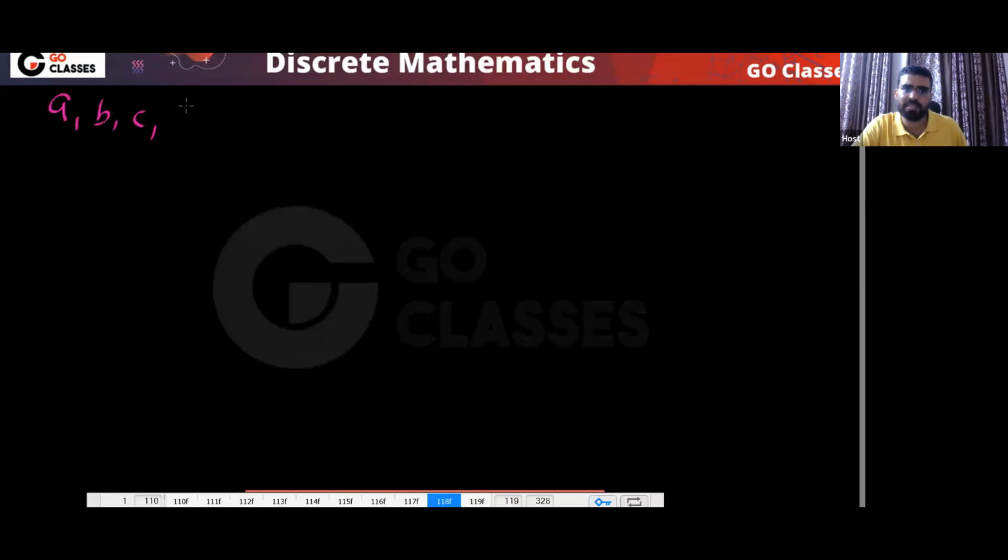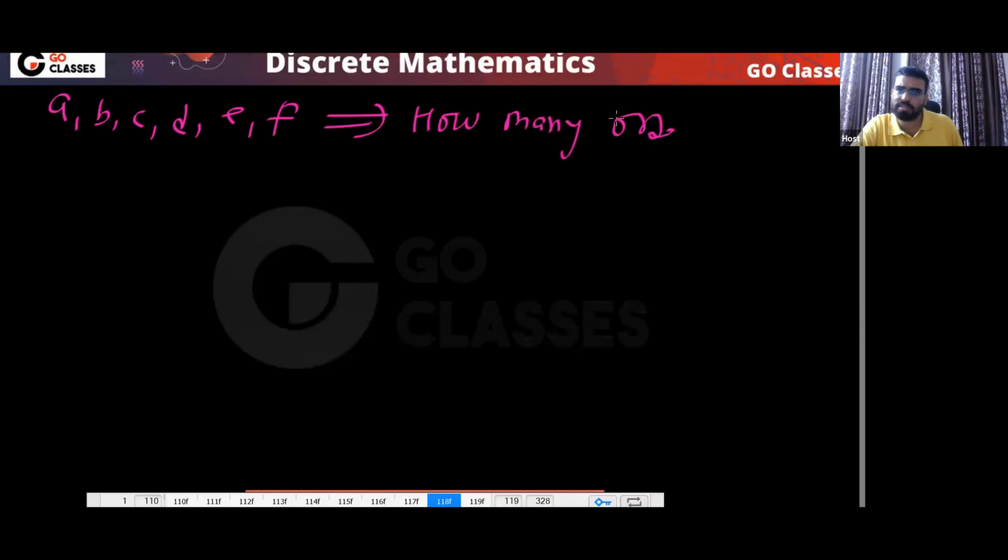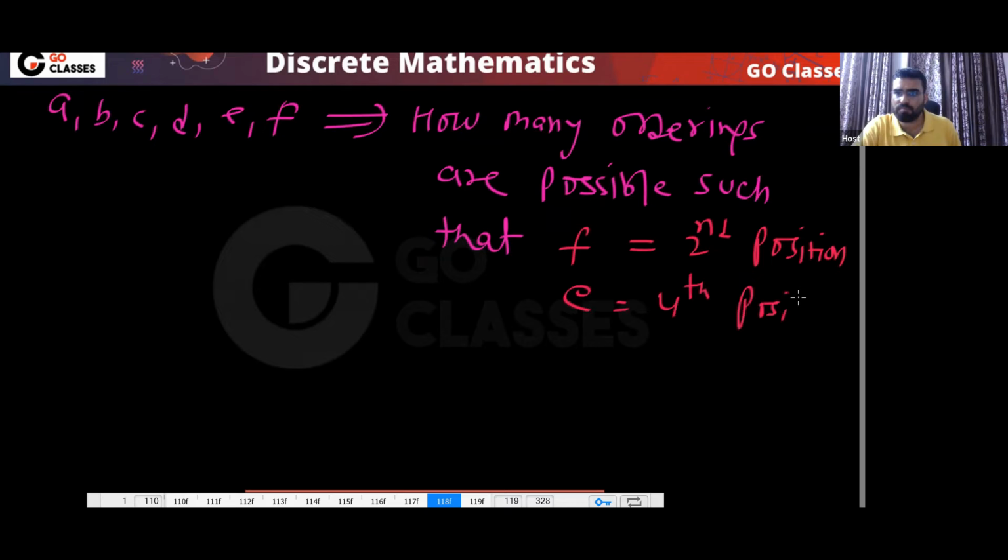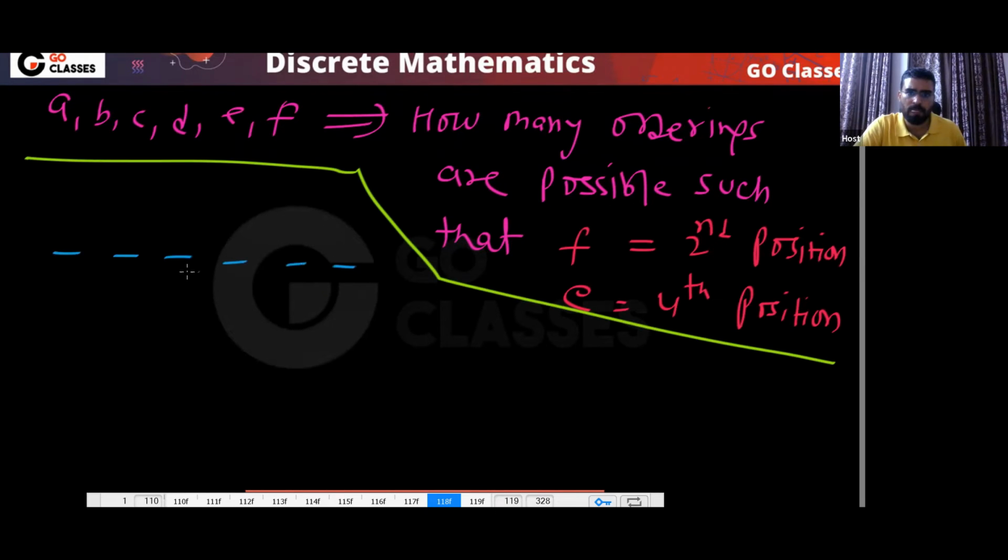For example, A, B, C, D, E, F. How many orderings are possible such that F must be in the second position and E must be in the fourth position?